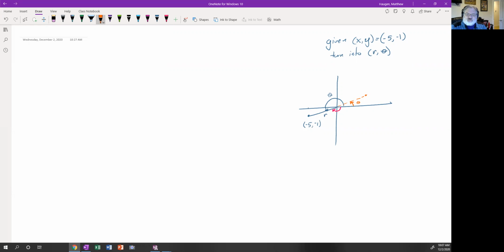So we got lots of choices. Fair? But what relationships do we know? We know that x squared plus y squared had better equal r squared, right? We know that r cosine theta should be x and r sine theta should be y. But more to the point, we also know that the tangent of theta should equal y over x. And I'm particularly going to grab that one because we have x's and y's. Fair?